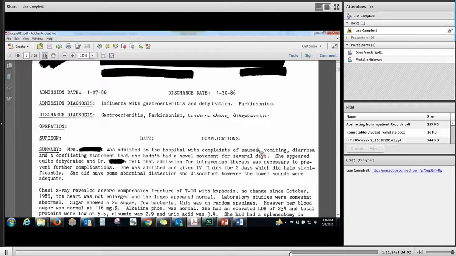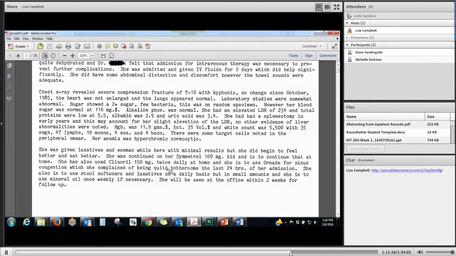So the fact that the nurse has to give the patient this medication, that's a secondary diagnosis that we're going to capture. Okay, let's see what else. Clinaril. That is a non-steroidal anti-inflammatory drug.